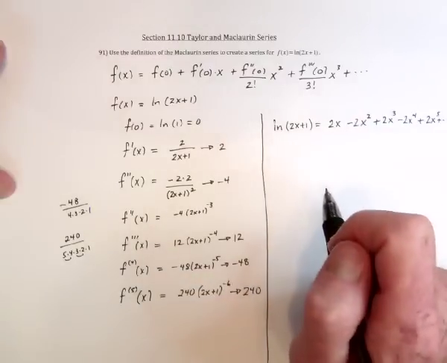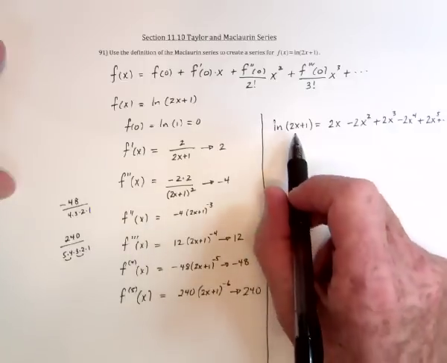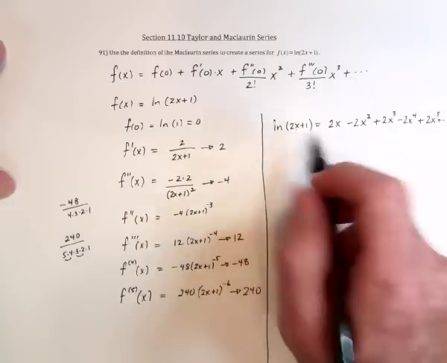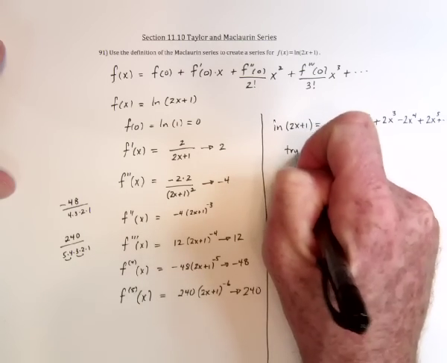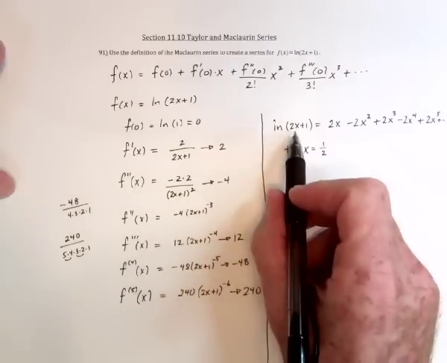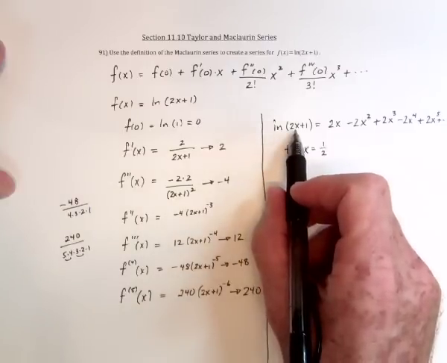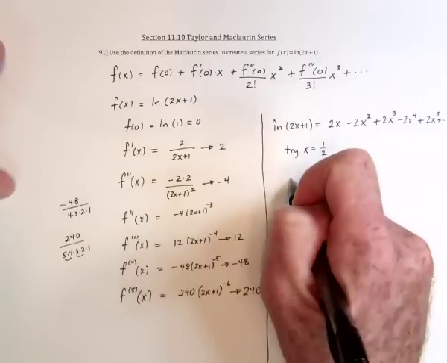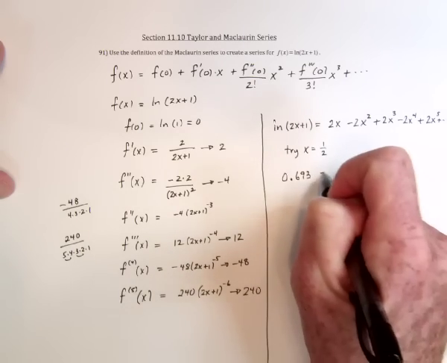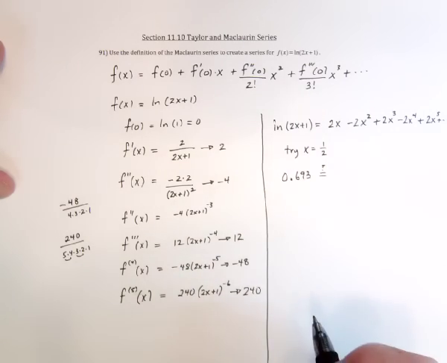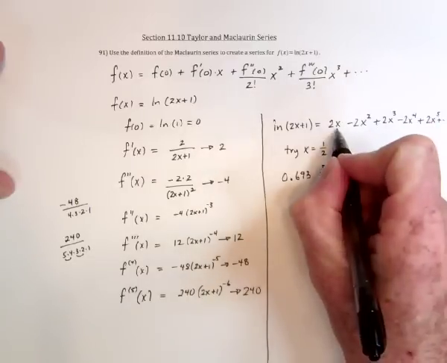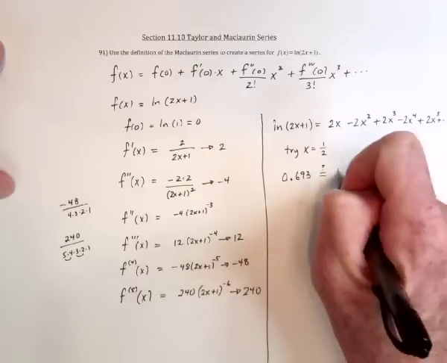Let's test it and see if it works. Like, instead of using 0, use something close to 0. We'll use a half. So try with x equals a half. So substitute a half in, and this is going to be the natural log of 2. I happen to know the natural log of 2 is 0.693. And then I'm wondering, does this work? So substitute a half. So you've put a half in here. That's going to be a half of 2 is 1.